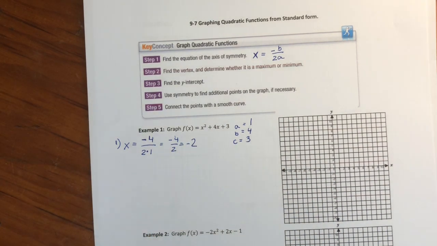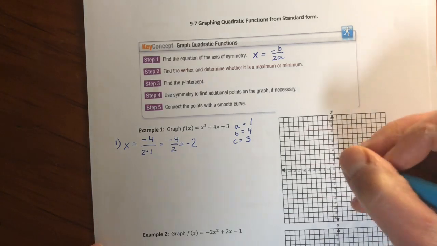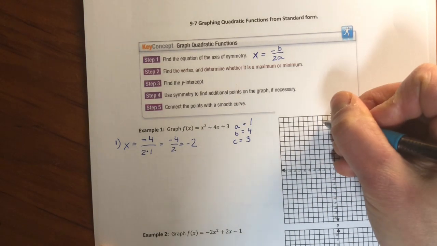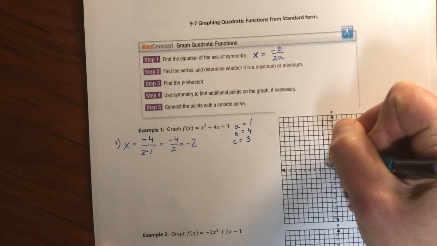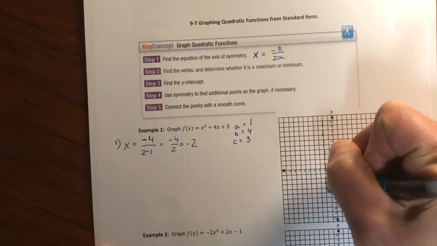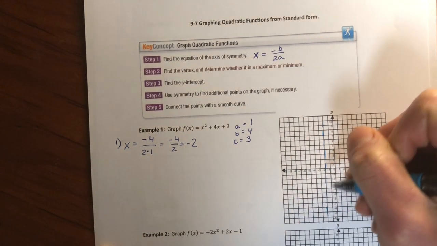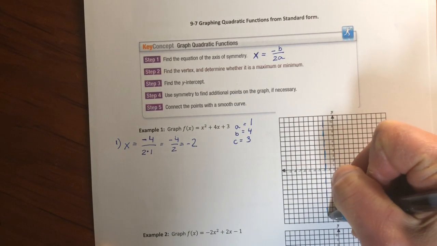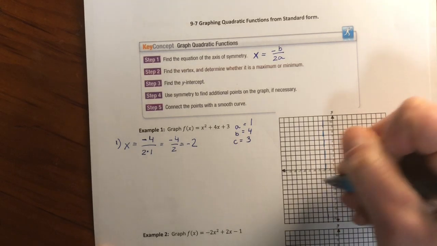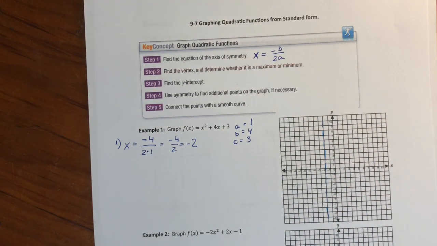I know that the axis of symmetry for this parabola is going to be negative 2. I'm going to put it right away on my graph. The axis of symmetry is at negative 2. So I know that my vertex is going to be on this axis of symmetry, and I know that once I graph my parabola, if I fold my parabola along this axis of symmetry, everything should nicely overlap.